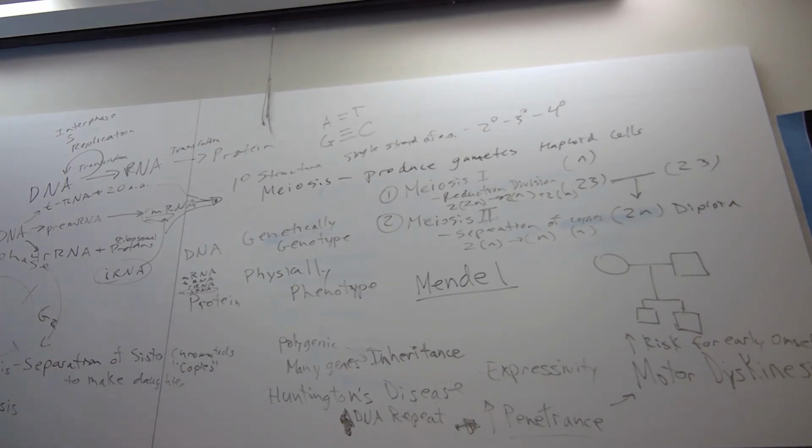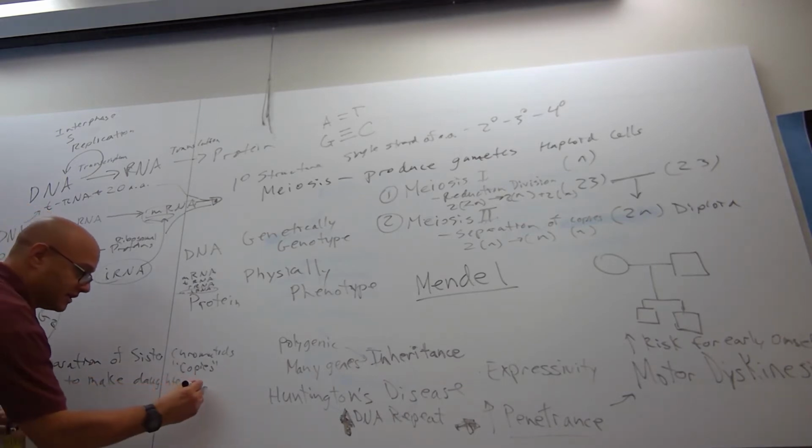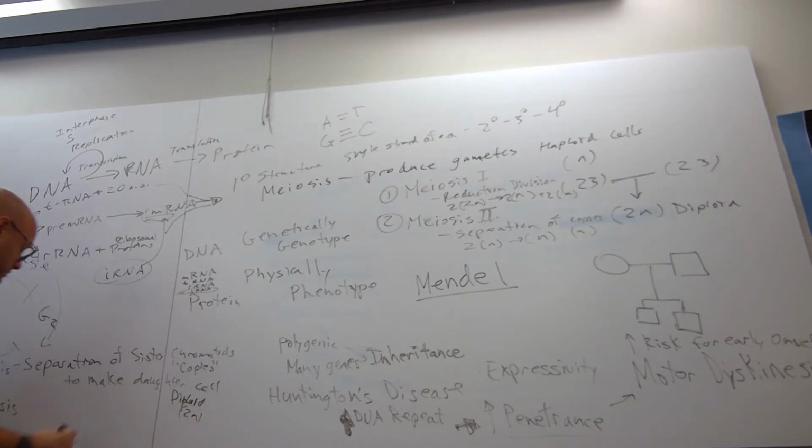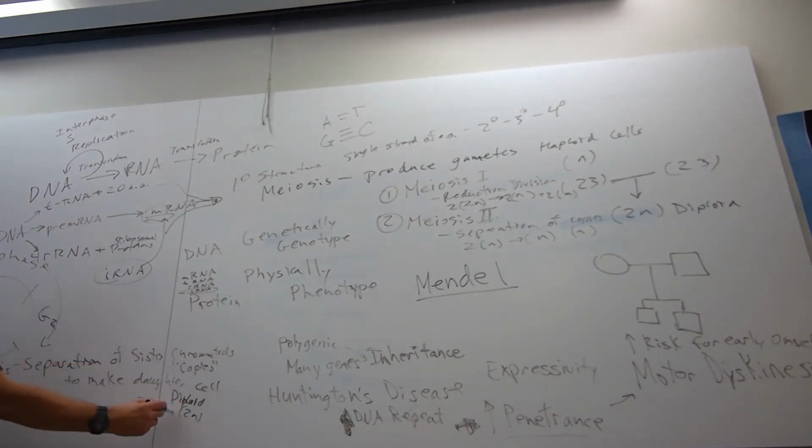The difference is this is separation of diploid copies, right? It's going to produce 2 diploid cells. Because these sister chromatids make daughter cells, these are diploid daughter cells. They're 2n. We make two daughter cells from 1.